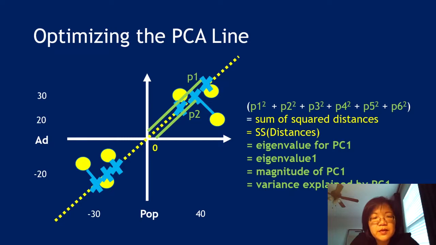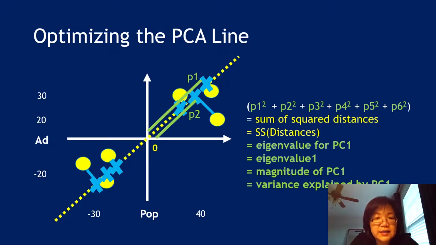So one way to think about this is really the goal of principal component analysis is trying to maximally capture the variations, right? So thinking about that, if we want to maximize the variation that is being captured along the principal component, we want to make it as big as possible, and that's why we're trying to maximize the sum of squares of these p-values.